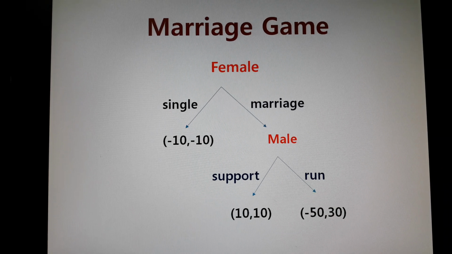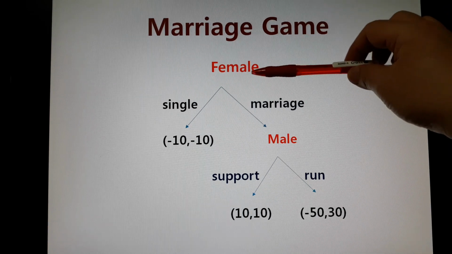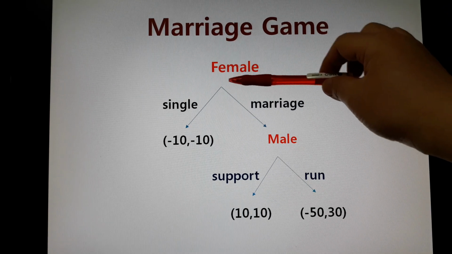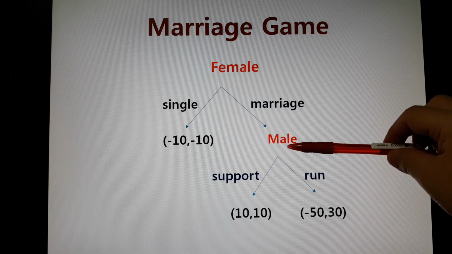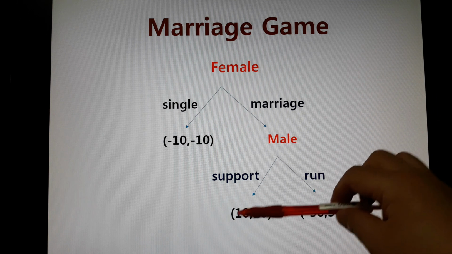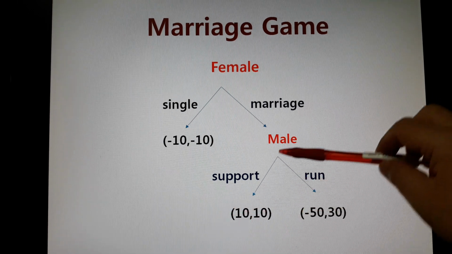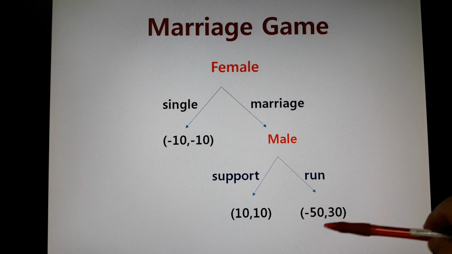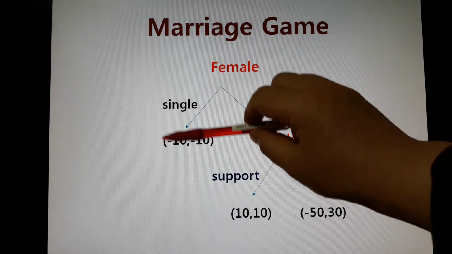So you can be pretty sure the male would run away. So the logical thinking says, female, if you get married to this male, you will hardly get to the 10. You will probably get to negative 50. So are you going to choose negative 50 or negative 10?